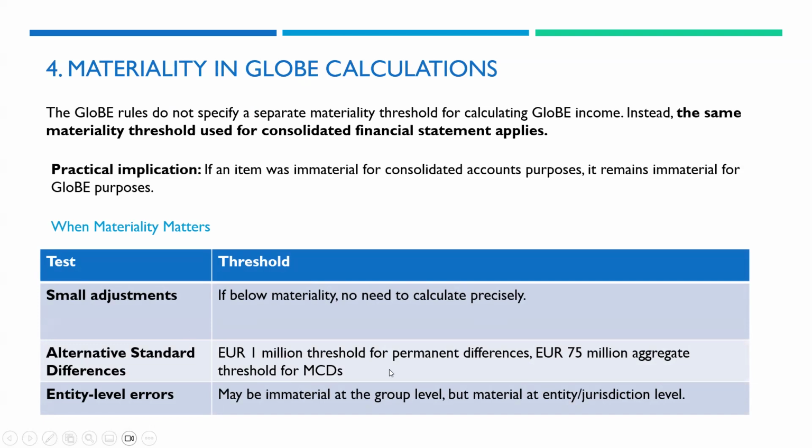These are the only materiality levels. And entity level errors may be immaterial at group level but material at the entity jurisdiction level, so you have to consider that also. Apart from these, you don't have to stress on any materiality things.